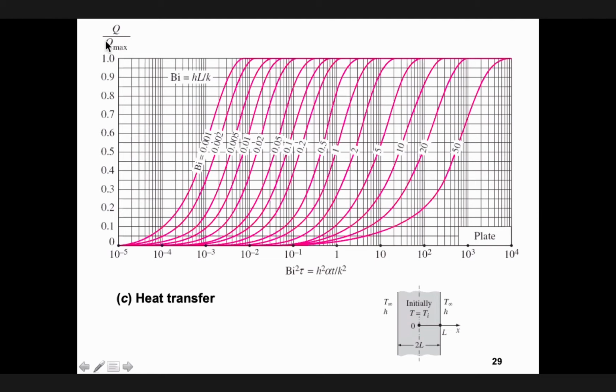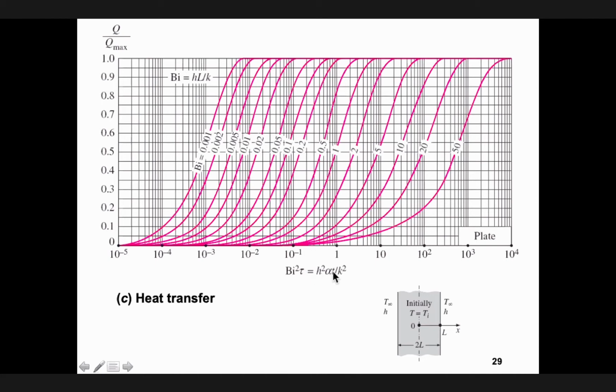Okay, this is fixed because you know the initial temperature was Ti. If it stayed there for a long period of time, it's going to be T infinity. Therefore, this is the maximum heat transfer, and you can calculate the energy transfer at every period of time. And here the time appears right here. Look here, in this number, the Fourier number, you have t.